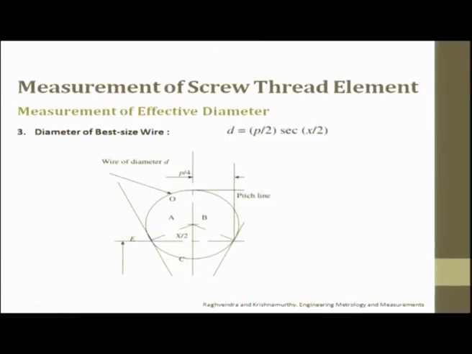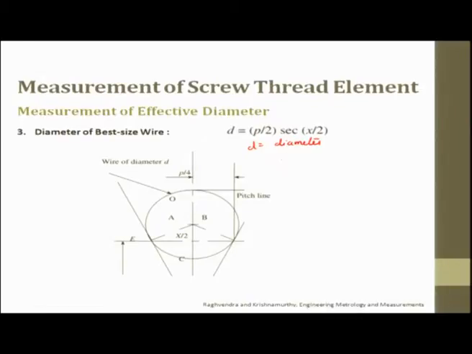So, what is this D? D is nothing but the diameter of the wire, and then what we do is we try to put the wire such that it comes in contact with the flank along the pitch line.